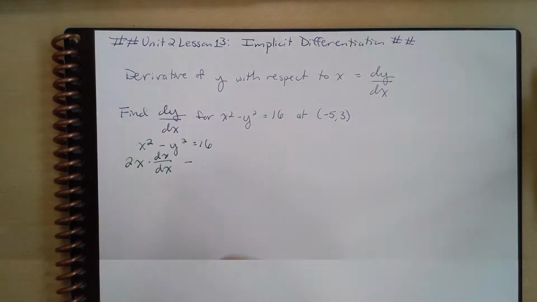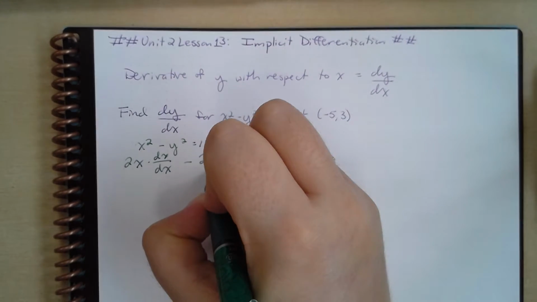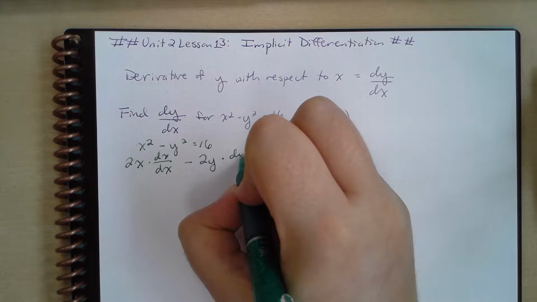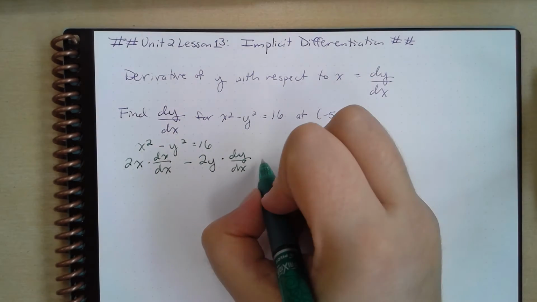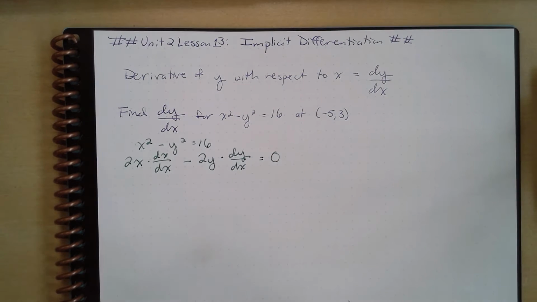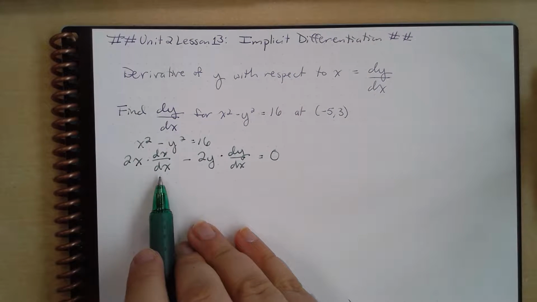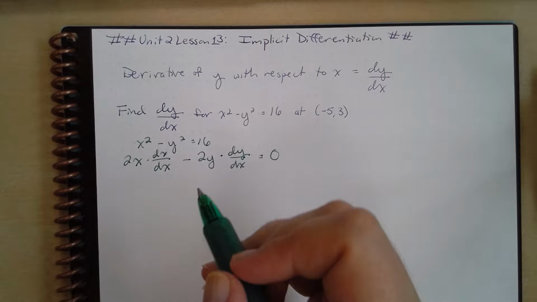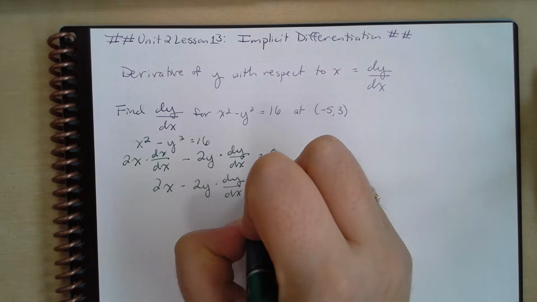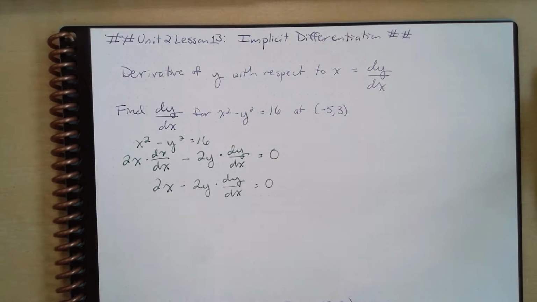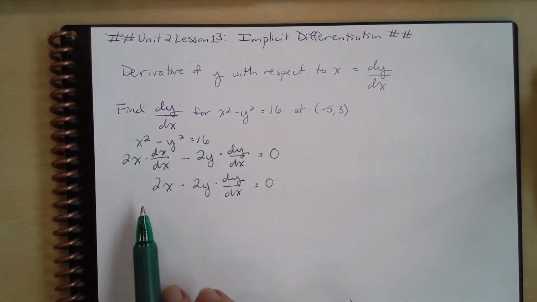Minus the derivative of my second term is 2y times dy over dx, because I'm finding this with respect to x, right, is equal to 0. So now you can see that dx over dx is equal to 1. So I'm going to rewrite this as 2x minus 2y times dy over dx is equal to 0. This is the exact same information.